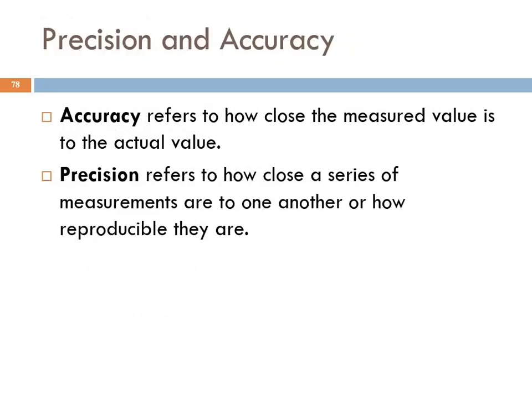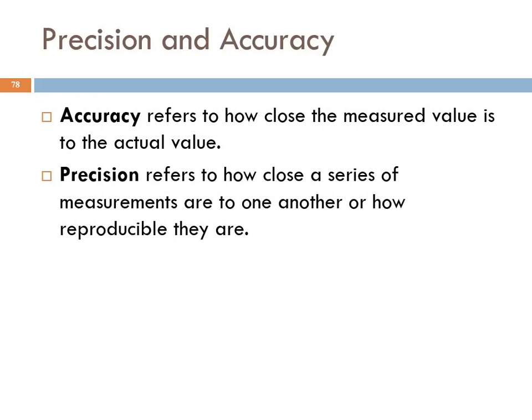Precision and accuracy. Accuracy refers to how close the measured value is to the actual value. How close to the bullseye did you get? Precision refers to how reproducible it is. So maybe you're playing darts and you hit to the left of the dartboard. You're not even hitting the board. Your accuracy is terrible.